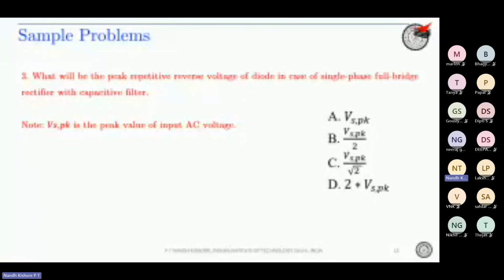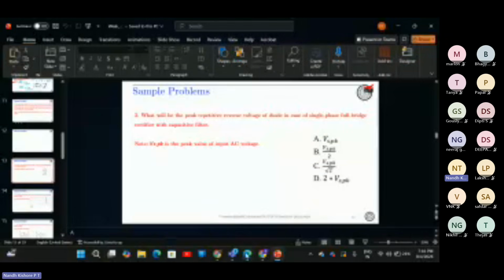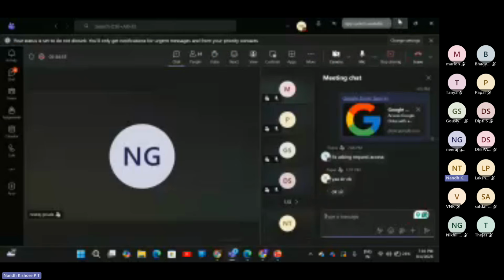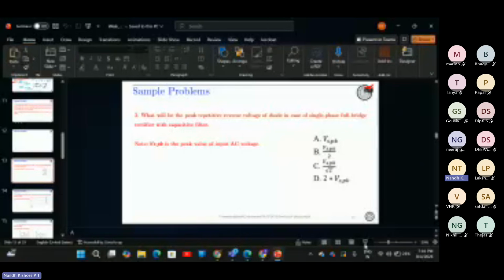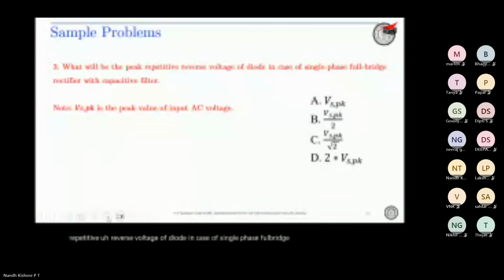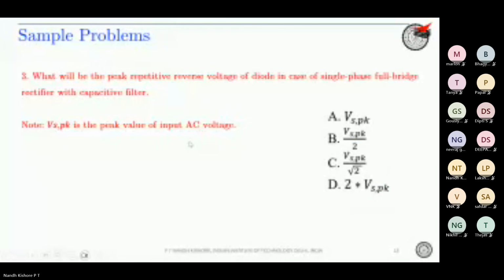So please go to question number 3. Question number 3 is, what will be the peak repetitive reverse voltage of the diode in case of a single phase full bridge rectifier? So can anyone tell the answer?